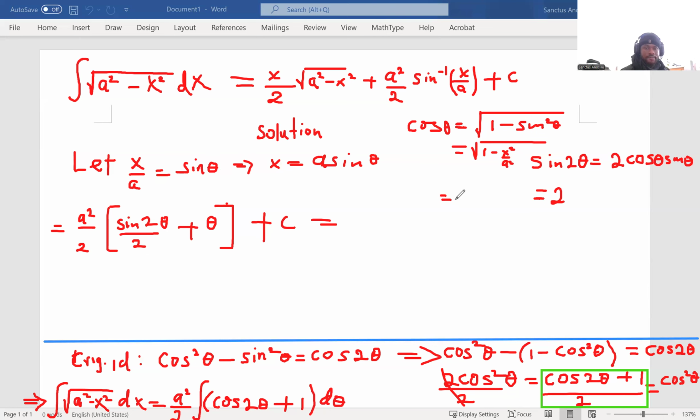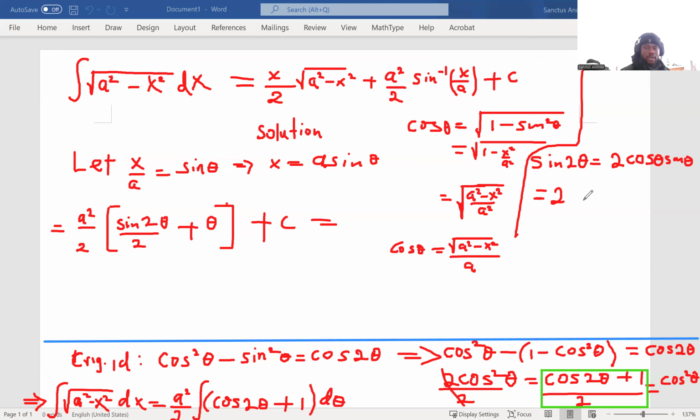So this will be, let's not mix it up, this will be square root of a squared minus x squared, all over a. So this is cos theta.